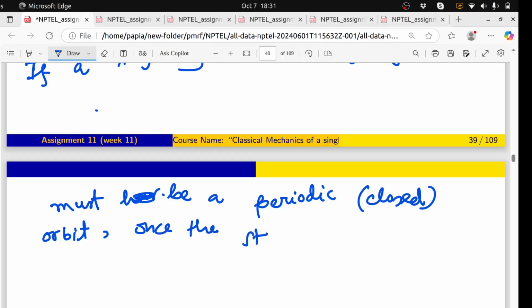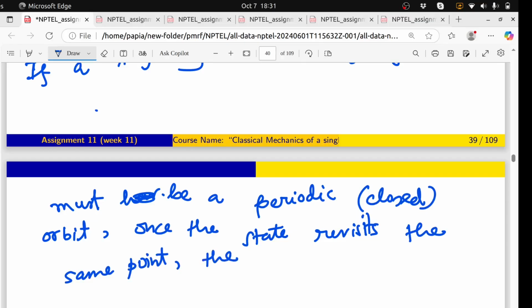Once the state revisits the same point, the solution repeats. So what does this mean basically?